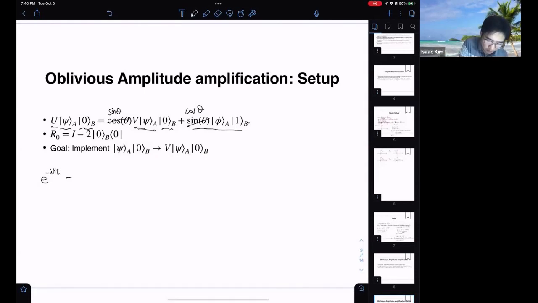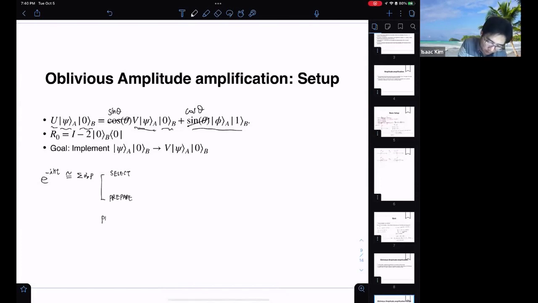Then what you did was that you first did a Taylor expansion of this thing into a linear combination of unitaries. And then from that, you built the select operation. And you've also built the prepare operation.